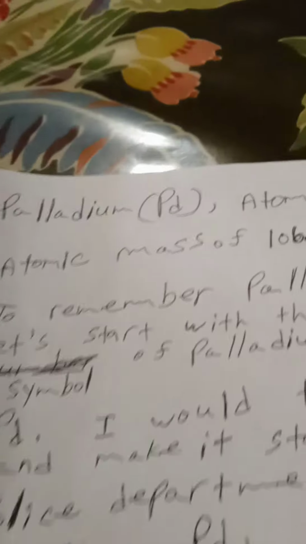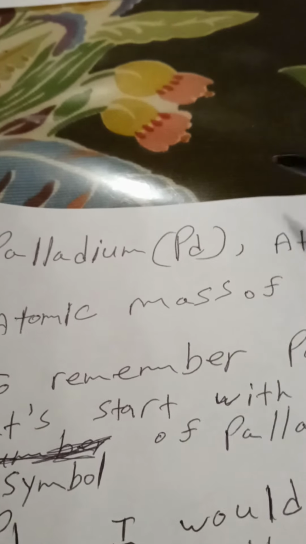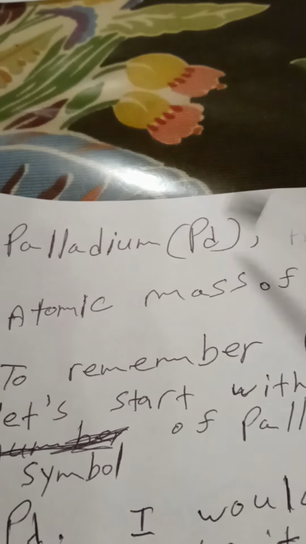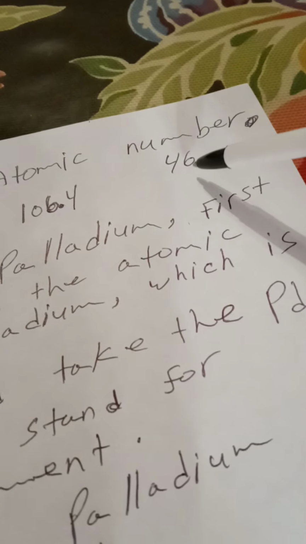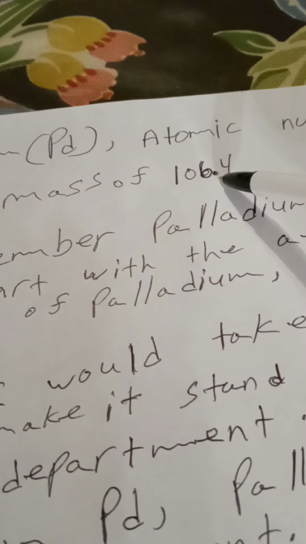Palladium, with the chemical symbol of capital P and a small d. Okay, and it has an atomic number of 46, and it has the atomic mass of 106.4.